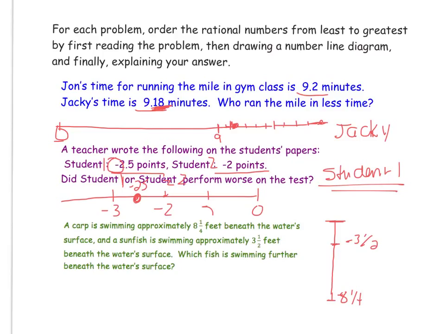So the sunfish is 3.5 below, or -3.5, and the carp is 8 1/4 below, or -8 1/4. So which fish is swimming further beneath? The carp, because 8 1/4 is further away than 3.5.